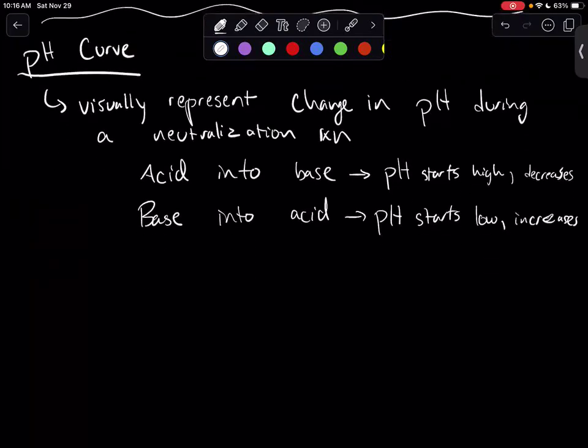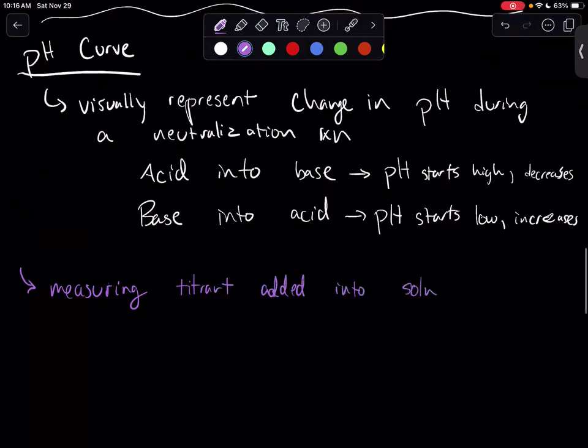So the thing about a pH curve is that we are creating it by measuring titrant added into solution. By that, I mean we are controlling it. That's going to be our independent variable.